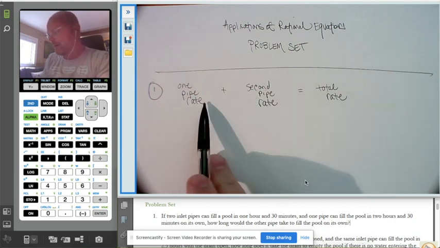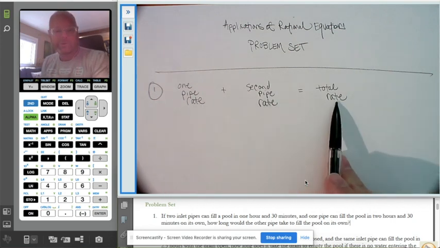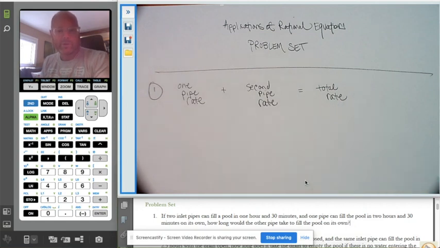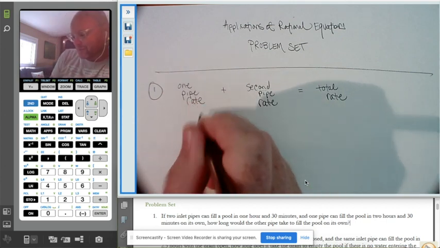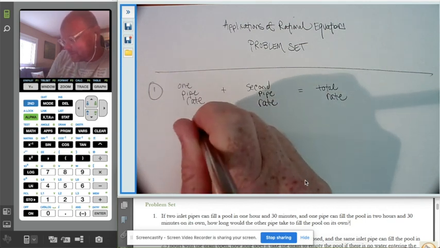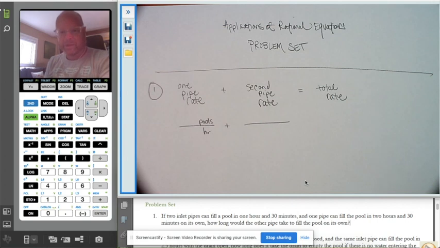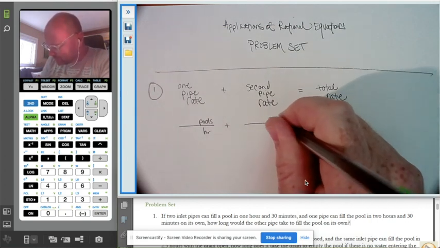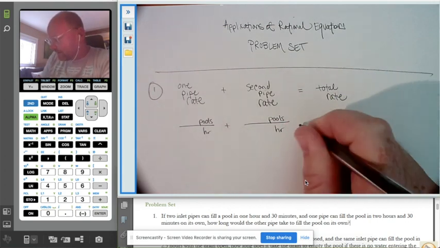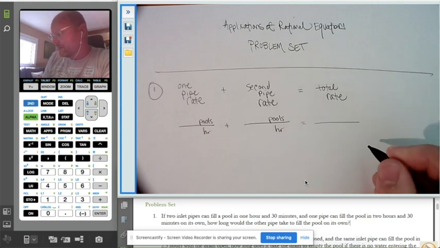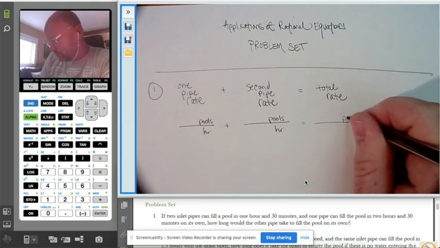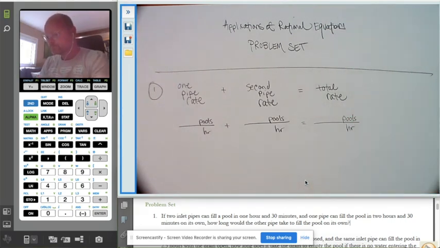We're adding the rates together to get some kind of total. So let's talk about what the rate is. The rate is going to be in pools per hour. So I'm going to set up these rates as a number of pools per hour. This second pipe's rate is going to be a number of pools per hour. And when I add those 2 rates together, I'm going to get a total number of pools per hour.